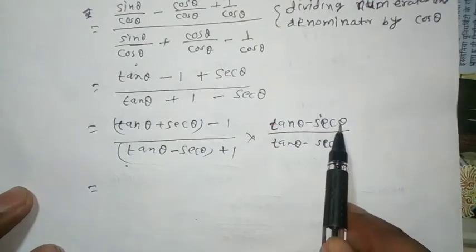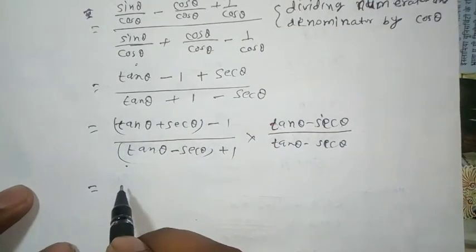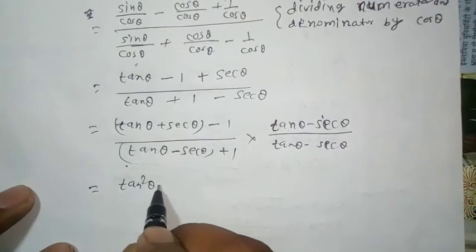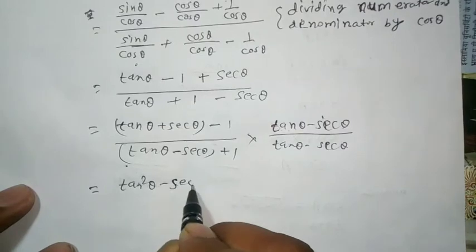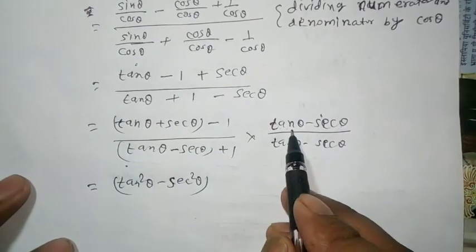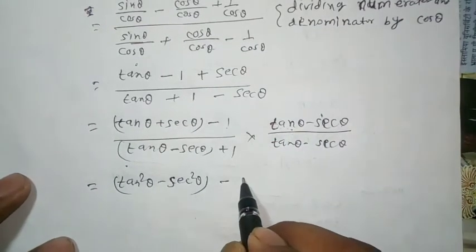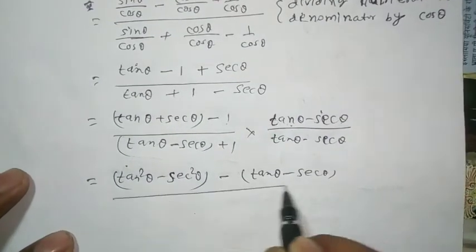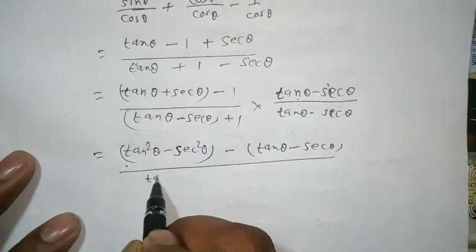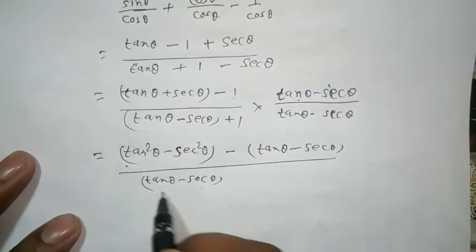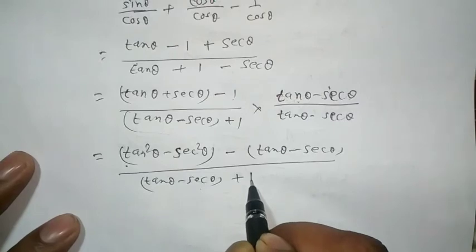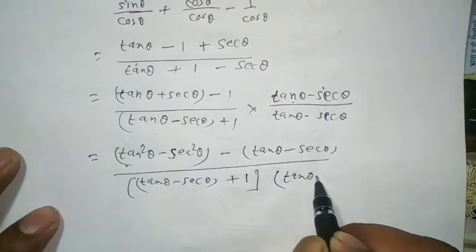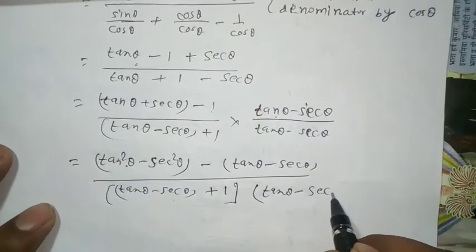We multiply tan theta minus sec theta with tan theta plus sec theta, then a plus b into a minus b is equal to a square minus b square, and we multiply from 1, then we get tan theta minus sec theta by tan theta minus sec theta plus 1 into tan theta minus sec theta.